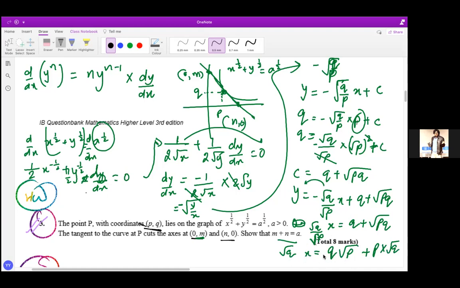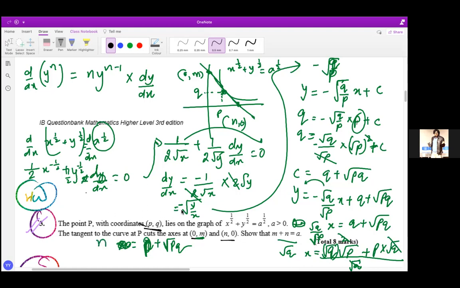So you will get the answer for the x-intercept as p plus root pq, because if you divide by root q, one of the root q cancels. I can write this as root q square, so if you divide it here by root q, then one of the root q gets cancelled, and you take it common, so this one also gets cancelled, so you get p plus root pq. So this is the value of n in short.